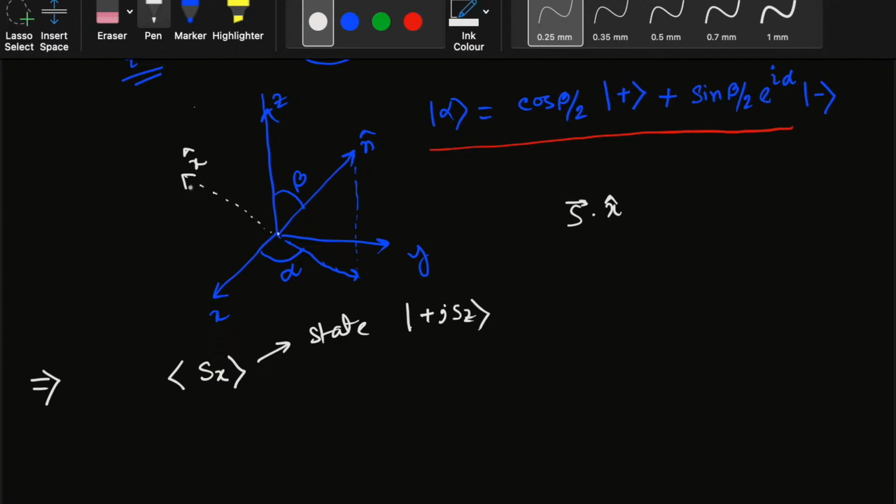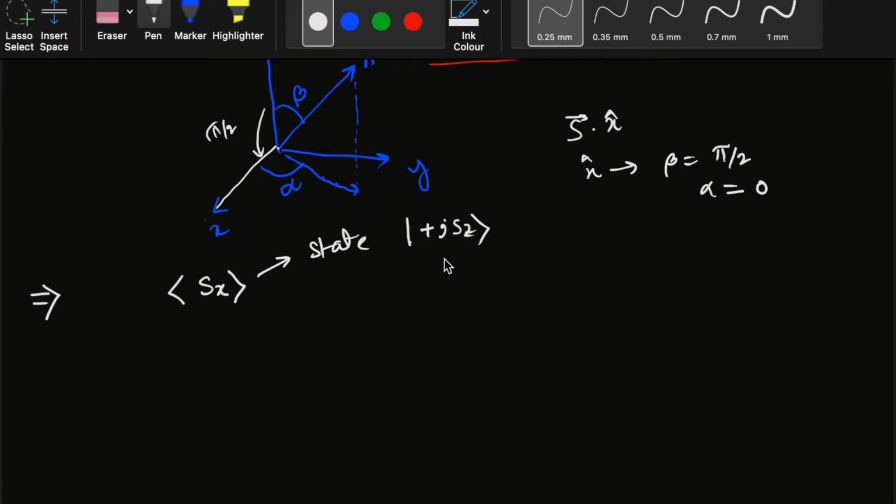This is x cap. X cap makes an angle beta with the z axis, where beta is pi by 2 here, and it doesn't make any angle with the x axis, that means alpha is 0. So for x cap, beta is equal to pi by 2 and alpha is equal to 0.